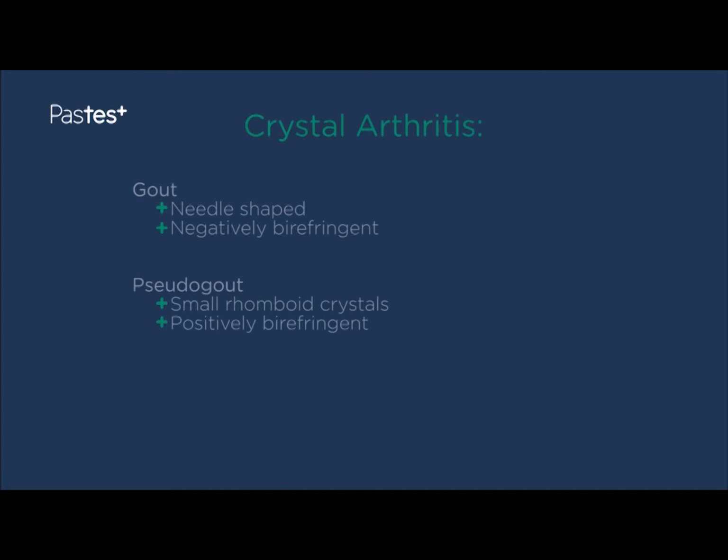When you see people with gout or pseudogout for the exam, well, there are associations, but it's often the history that gives you a clue that one of these two conditions is going to be the diagnosis. Because crystal arthritis presents in a very acute fashion.